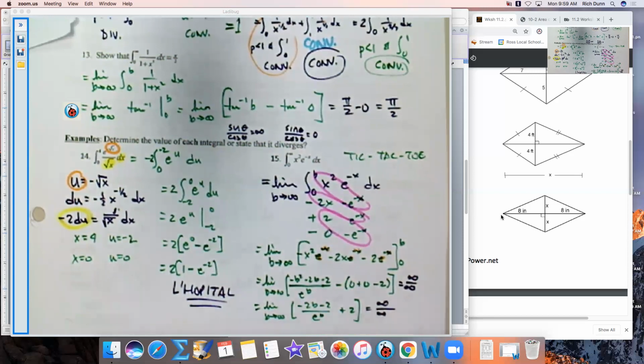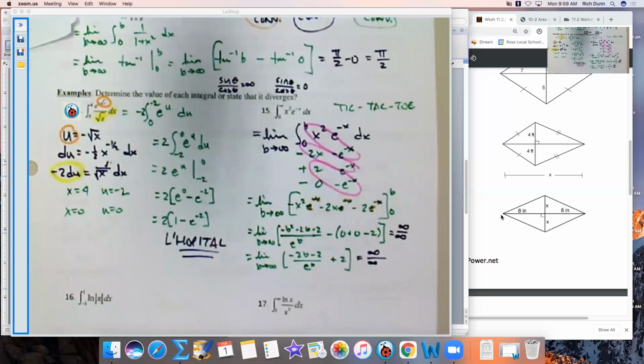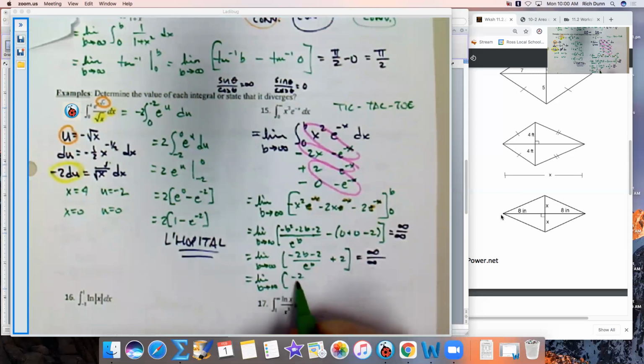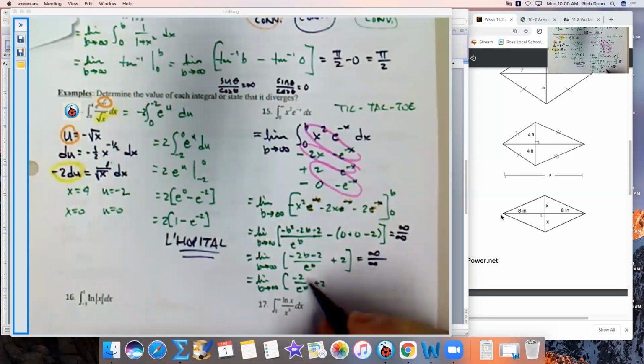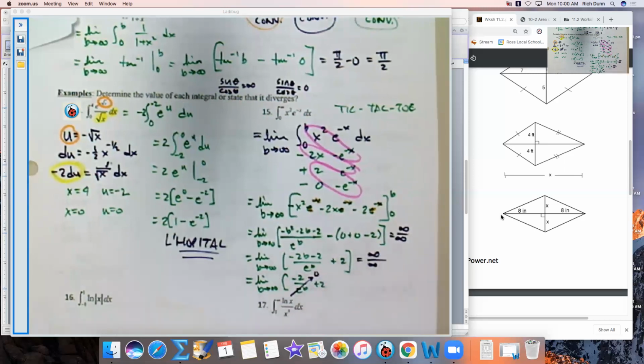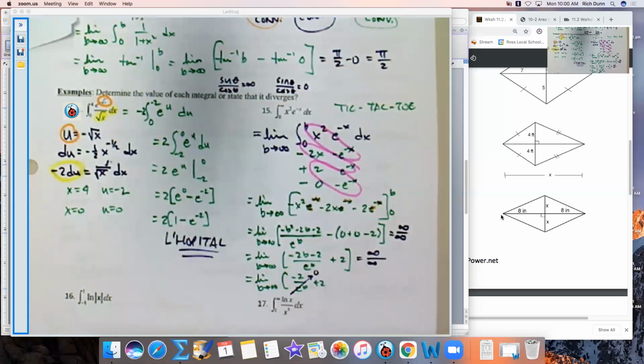So we still have an infinity divided by infinity. So L'Hopital is going to come out and be used again. This time we'll have negative 2 over e to the b plus 2, which of course, as b goes to infinity, this is going to go to 0, which means we have 0 plus 2, and this equals 2.